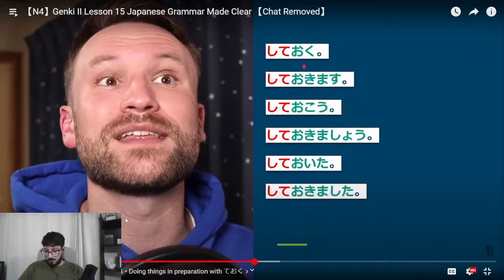And shite okimashou, which is the polite volitional. Shite okita, which is the past tense. Shite okimashita.